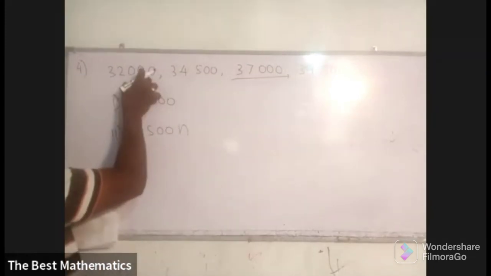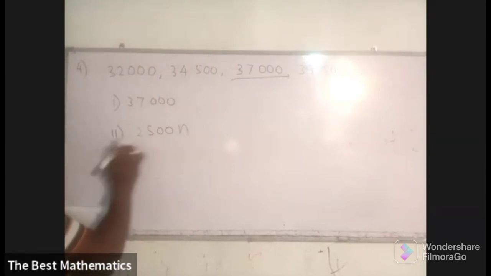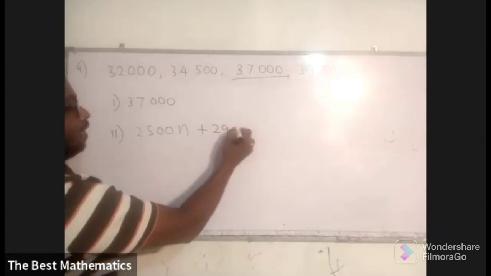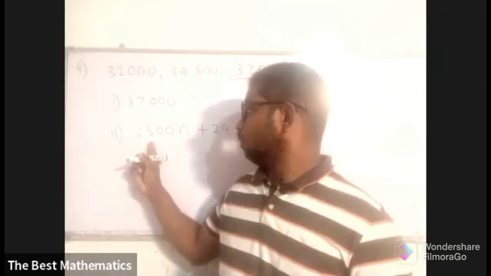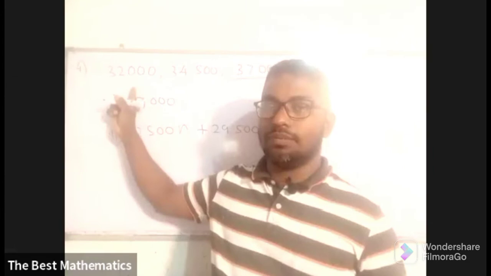Then how to get this first term? That is 32,000. How to get this 32,000? Add 29,500 for 2,500. Then 2,500 plus 29,500 will be 32,000.